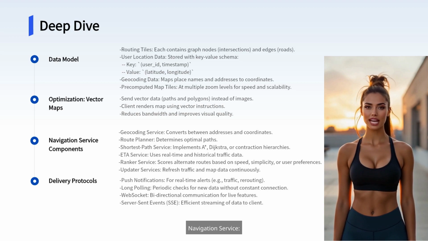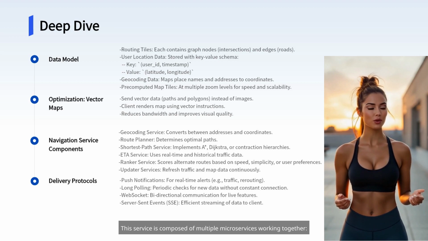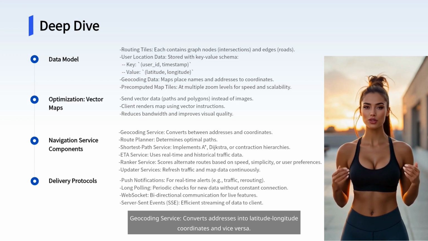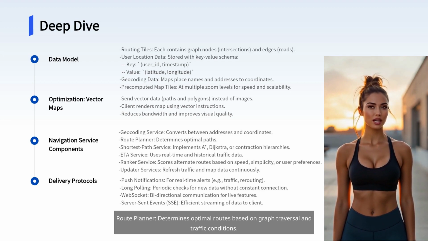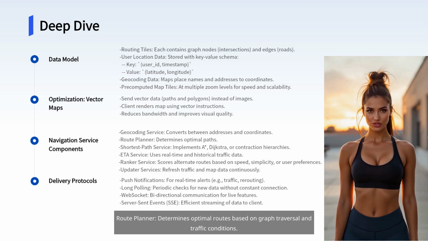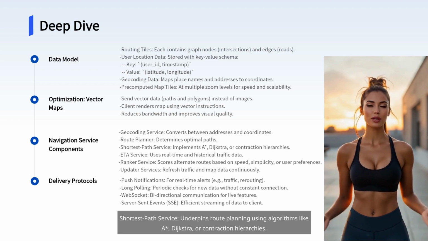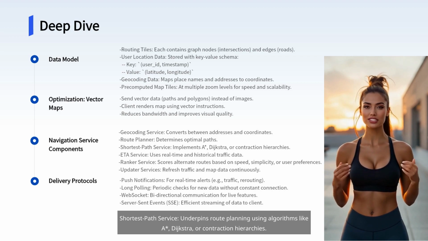3. Navigation service. This service is composed of multiple microservices working together. Geocoding service converts addresses into latitude-longitude coordinates and vice versa. Route planner determines optimal routes based on graph traversal and traffic conditions. Shortest path service underpins route planning using algorithms like Dijkstra or contraction hierarchies.